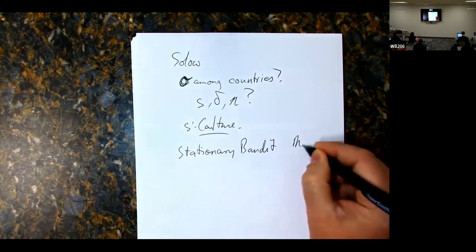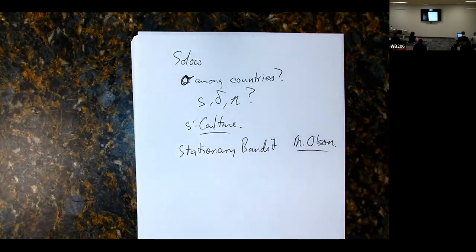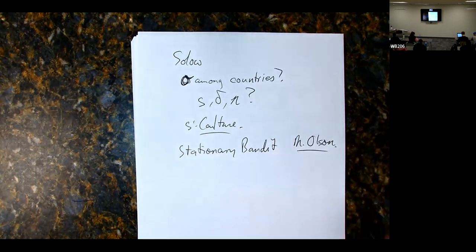This is Mancur Olson. The story goes like this: back in the day, when civilization started to develop and people started to adopt agriculture, there were bands of roving bandits that would maraud the countryside and go from one community to another and rob from these farming communities, and that's how they made their living.